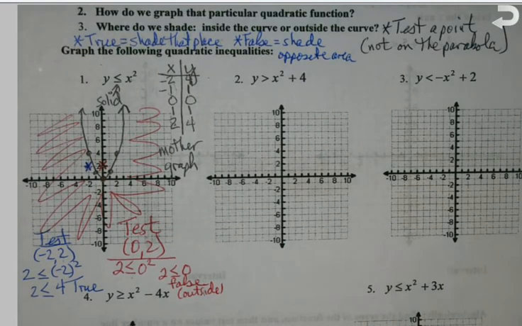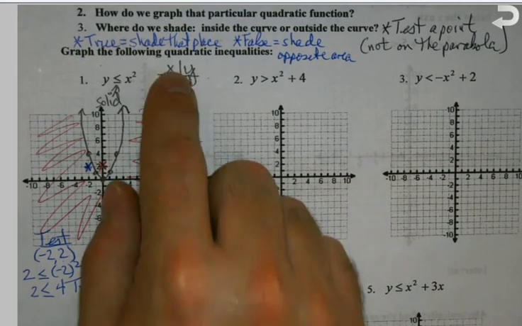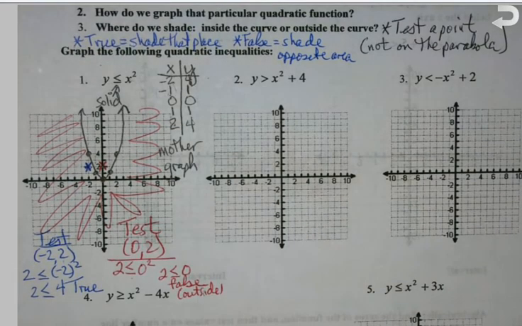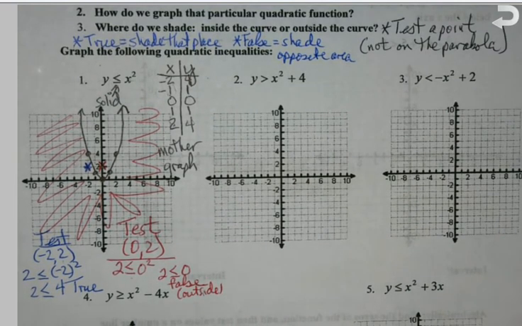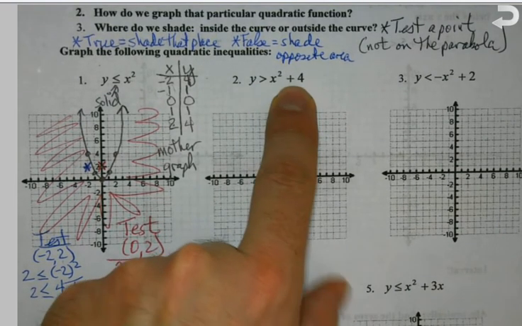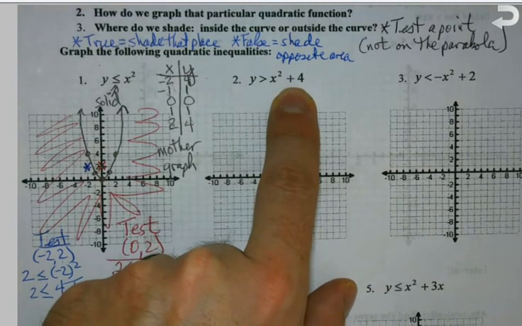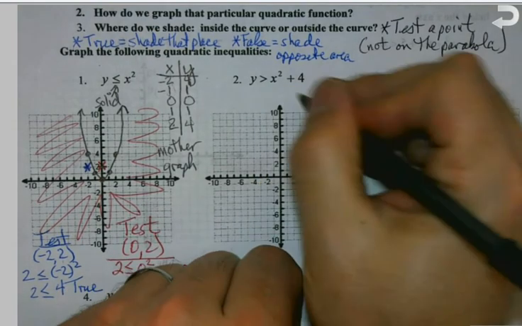Now, for some of you that are having issues just with shading parabolas, period, if you can keep an eye on what your mother graph should be, which would start at 0. If I look at the next one, I could make a chart, but let's think about this for a minute. That plus 4 is actually just the shift of my mother graph, up 4.